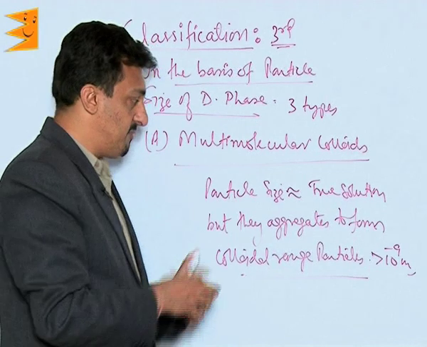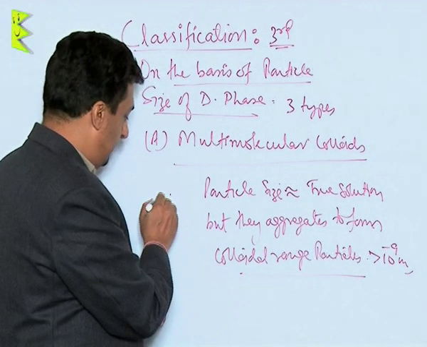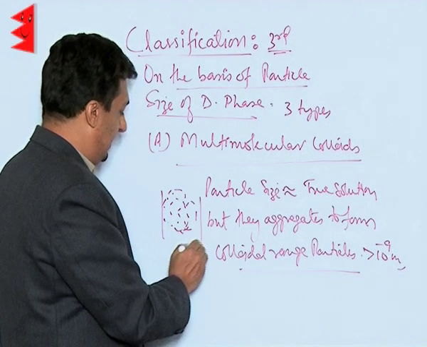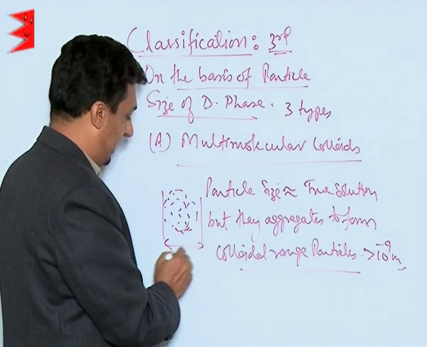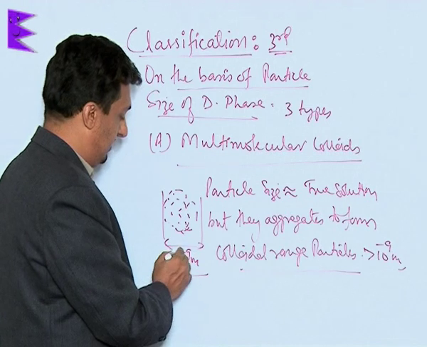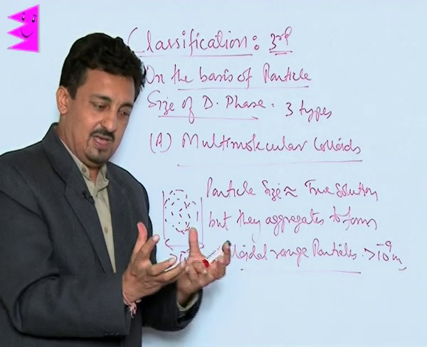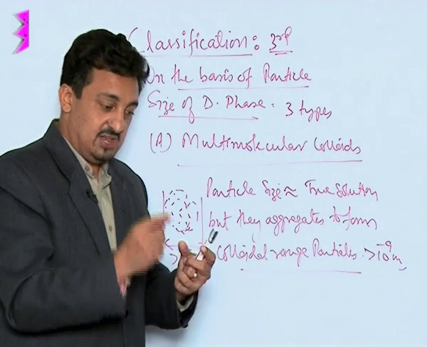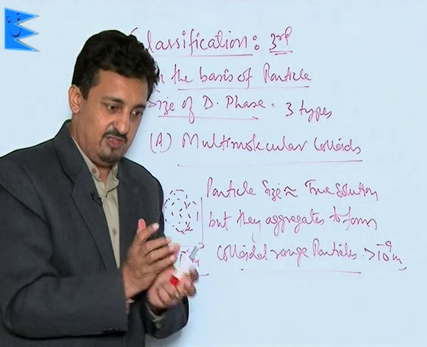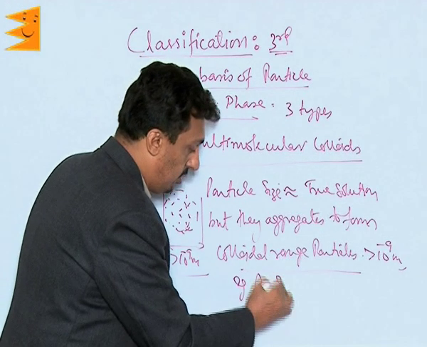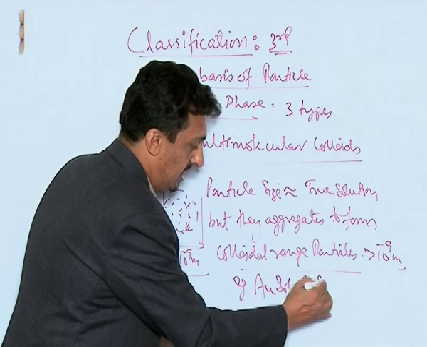We can show it like this: all these smaller particles aggregate to form a very large particle whose range lies above 10 to the power minus 9 meters. That is why we call them multi-molecular: they are made up of many molecules, each of which is of the true solution range, but they aggregate to form large particles. Examples of these are your gold sol, silver sol, etc.